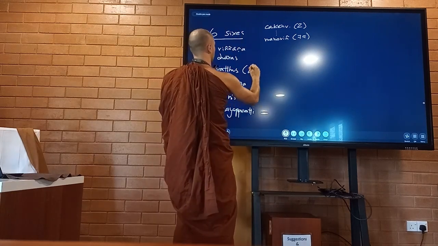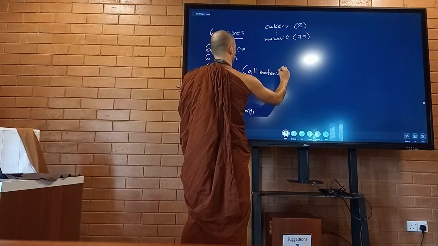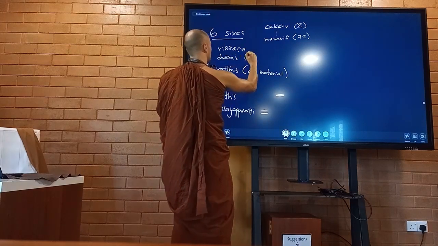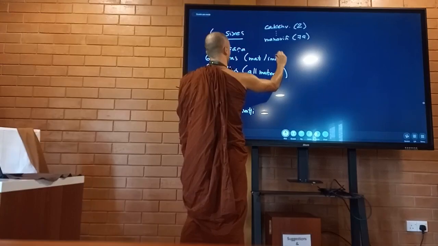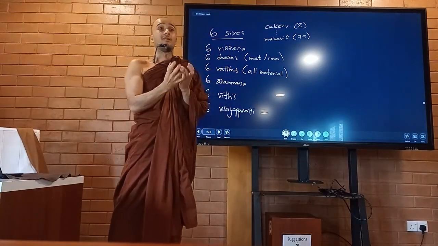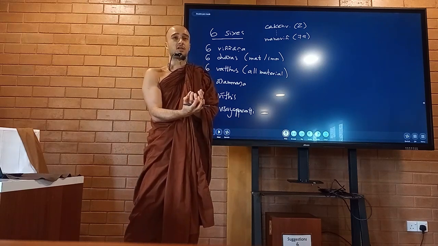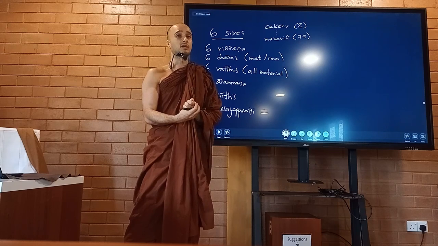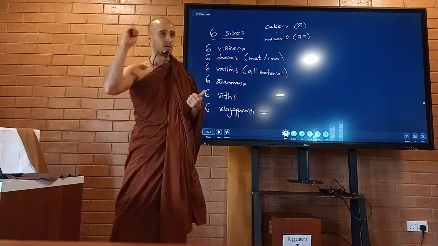Material. Dwaras are material and immaterial, but vatus are all material. Vatu is the seat of consciousness, like the throne of the king. It's a material thing. It's rupa.